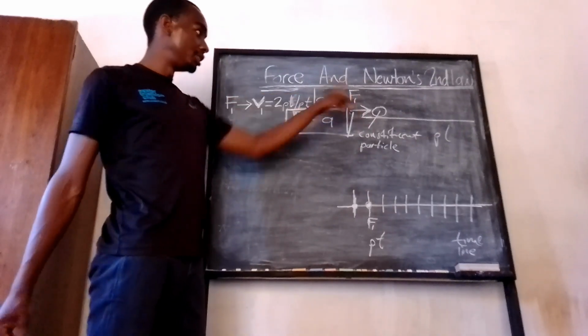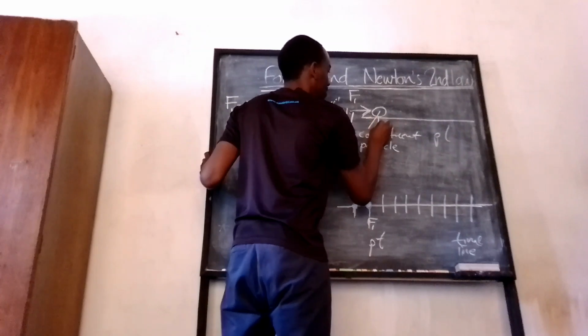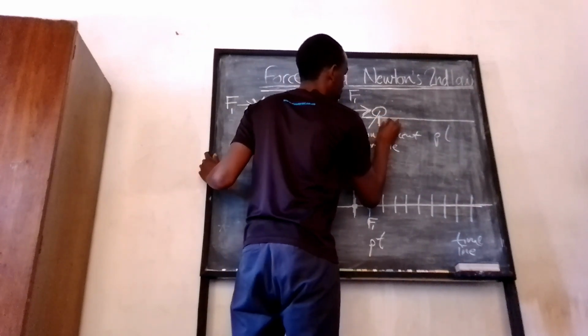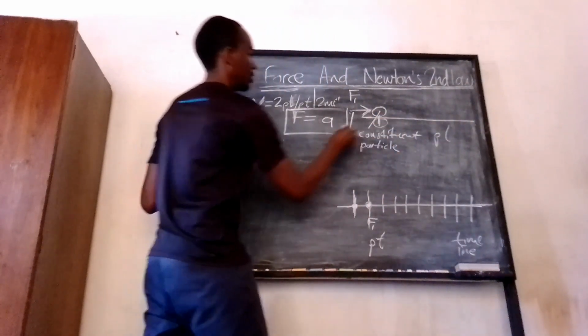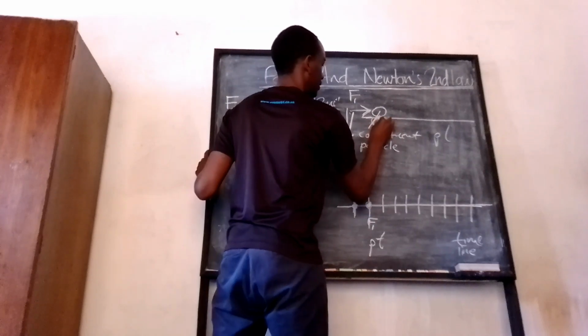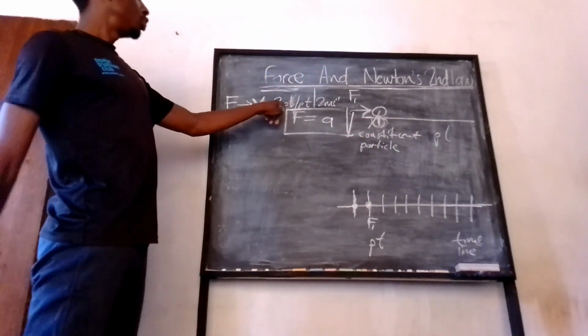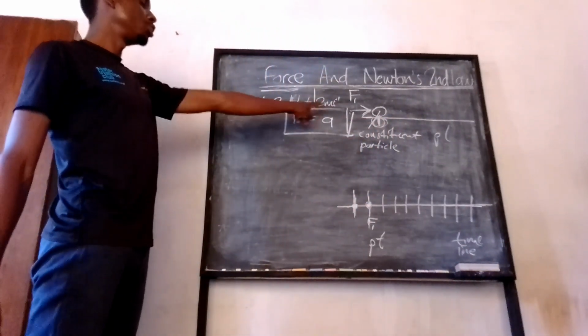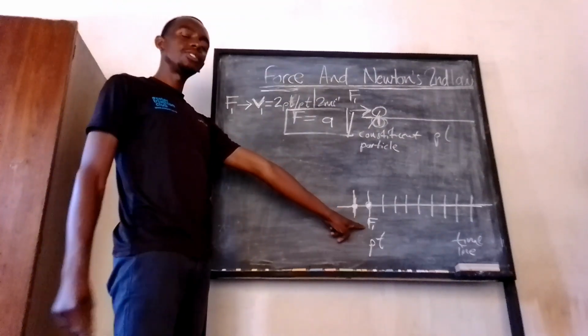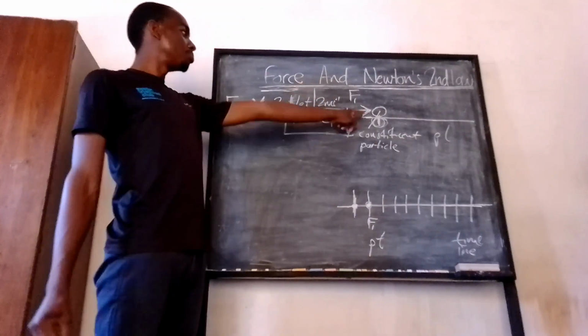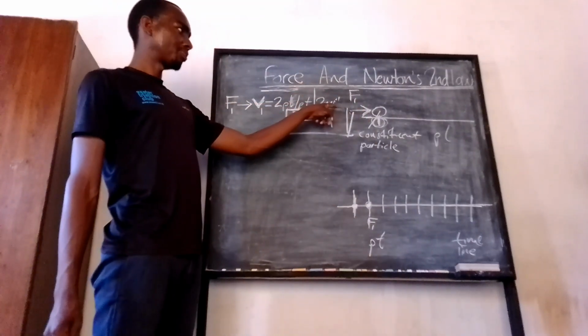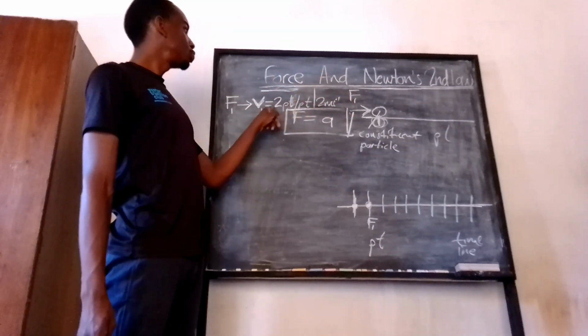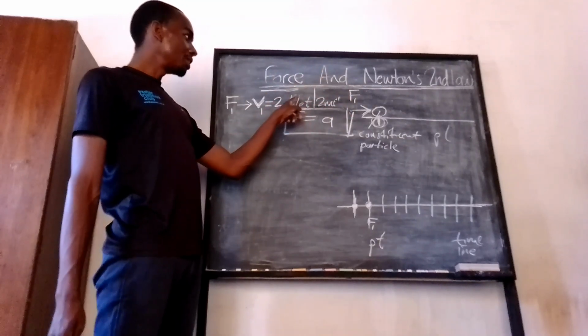What does F1 do? Remember again, I said space is discrete. So let's say this is space right here: 2 part length per part time, or 2 meters per second. The moment I apply the force F1, this body moves 2 meters in 1 second, or 2 part lengths in 1 part time.